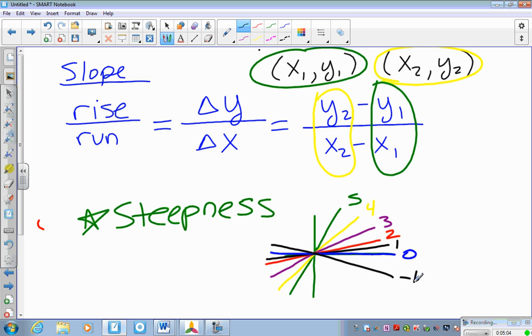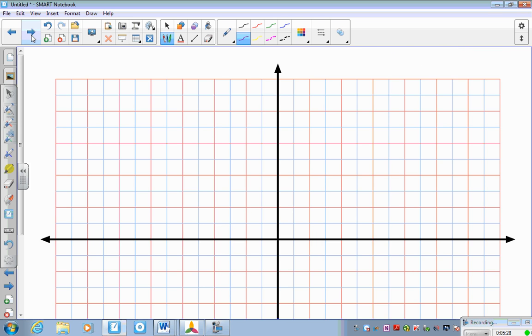So that's a concept you need to understand, that negative slopes go down left to right. So I'll just do one more. So positive slopes go up left to right, in other words, up the mountain, and negative slopes go down left to right. So now let's talk about the actual graph.